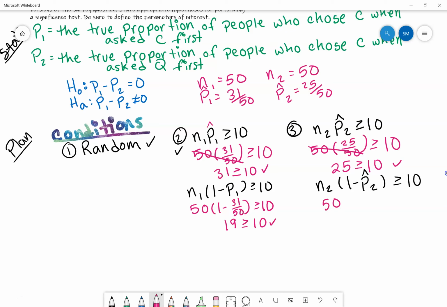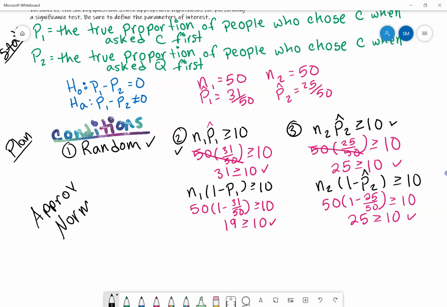So 50 times 1 minus 25 over 50 greater than or equal to 10. And 25 is greater than or equal to 10. So yes. The conditions are met, and we can say that it is approximately normal by the large counts condition.